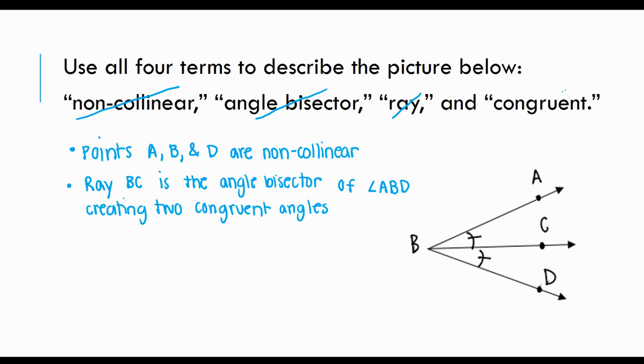And notice that congruent was another word that I wanted to use. So I actually was able to use 3 different terms in one sentence there. But the ray BC is the angle bisector of angle ABD, creating 2 congruent angles. And that's just based off of our picture.